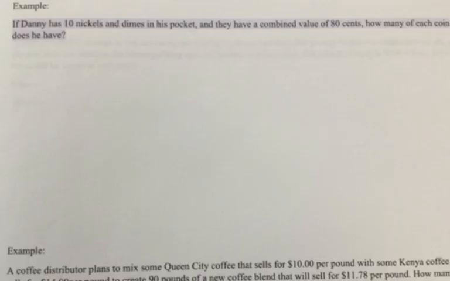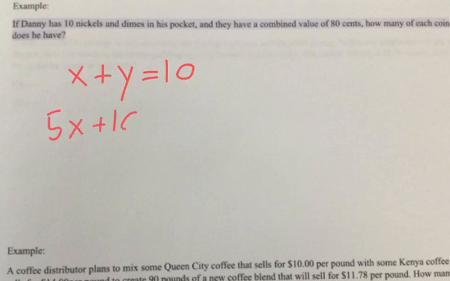Okay, what were your equations on the first one? X plus Y equals 10. So X is the number of nickels. Y is the number of dimes. So in total, if I add all of my nickels and dimes together, I should have 10 coins. Okay. And then what's the second one? That will work.